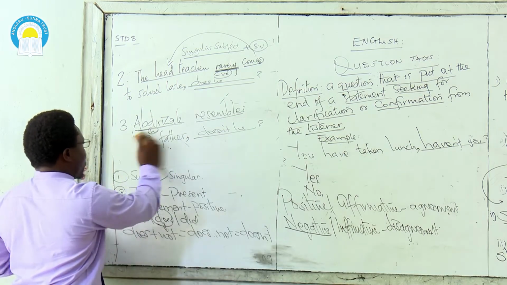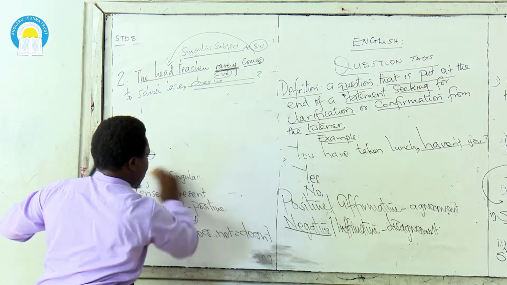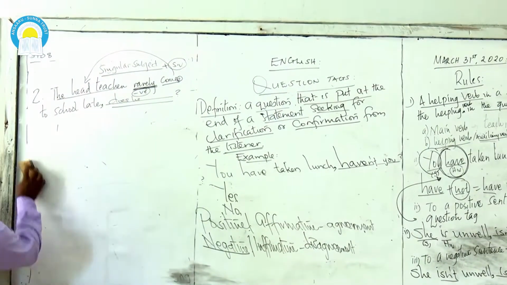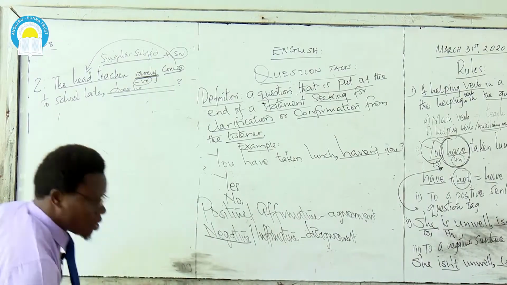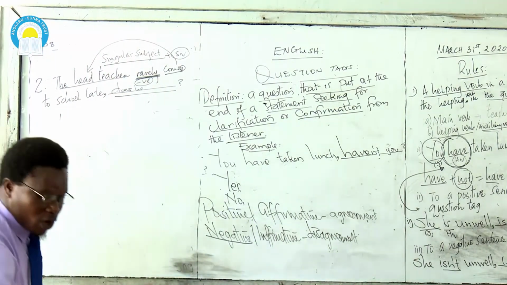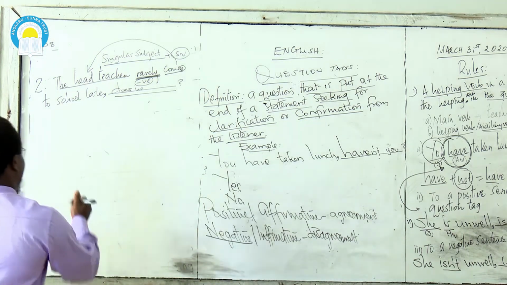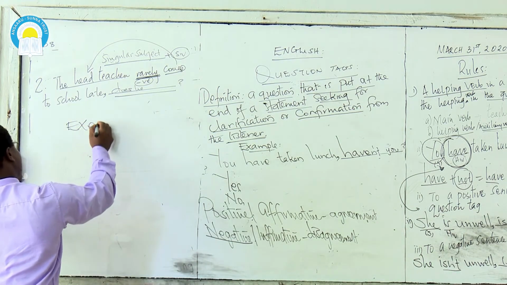5 questions for practice. The instructions are: insert the appropriate question tag in the following sentences. So this is an exercise.